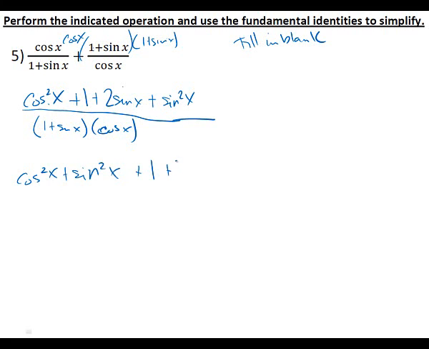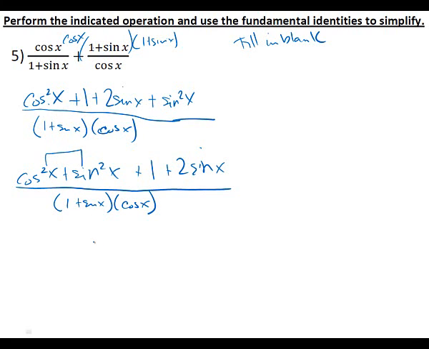Remember, I'm giving you fill in the blanks. You're going to have to follow my line of thought, not necessarily your own, to get the blanks filled in correctly. All right. What's cosine squared plus sine squared? Look up at the Pythagorean identities.